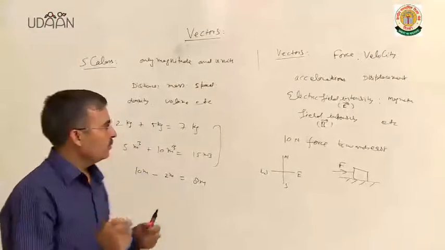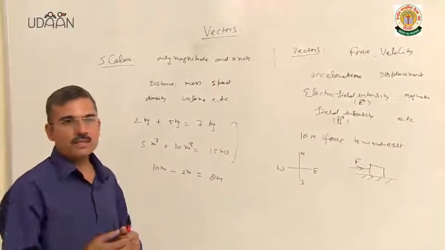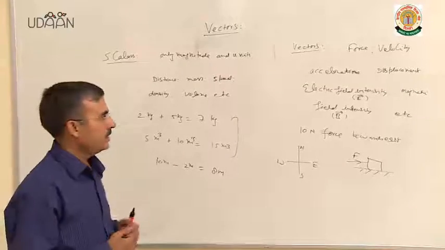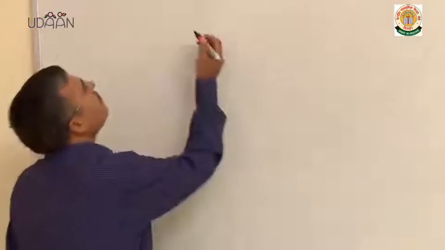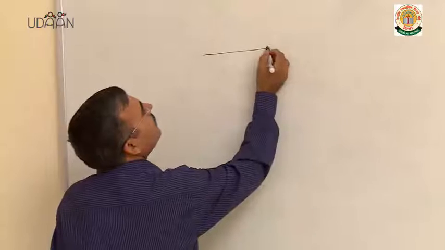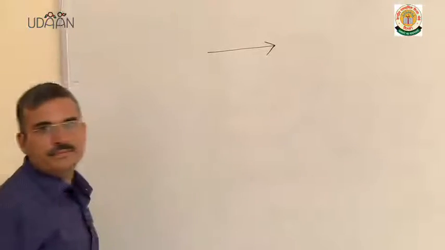How to add the vectors, how to represent the vectors, let us discuss in detail. Vectors have magnitude as well as direction. How to represent a vector on paper? We have to represent direction as well as magnitude. We can represent a vector by a directed line segment, like this one.